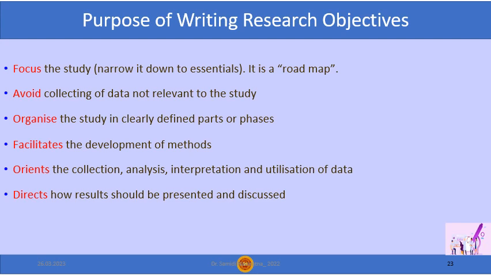They are a part of the roadmap to the successful completion of your research. So the research objectives focus the study. It narrows down to its essentials. So it's kind of, as we stated, a roadmap, and avoids collecting data not relevant to the study.